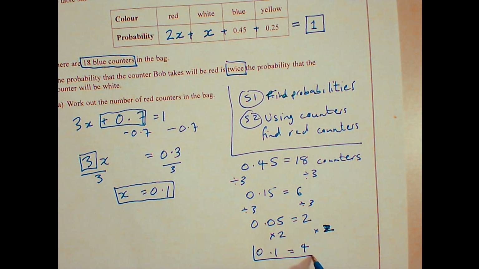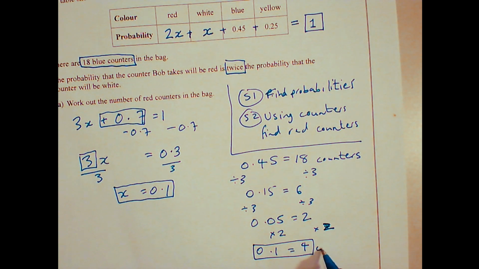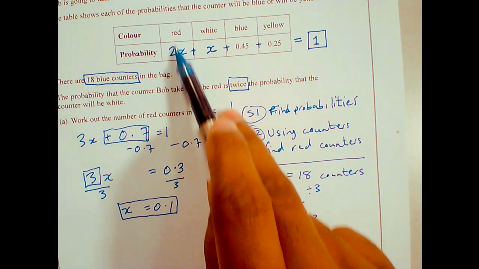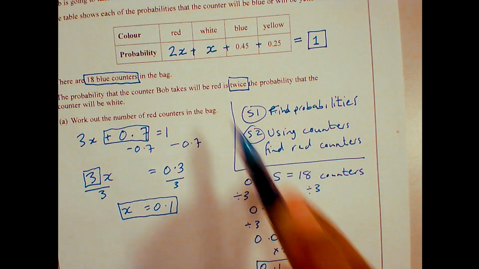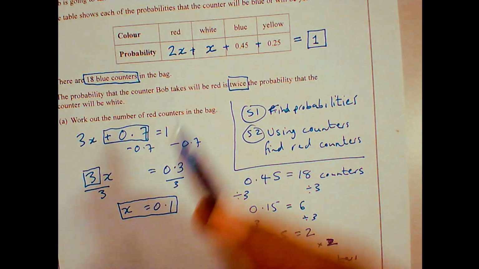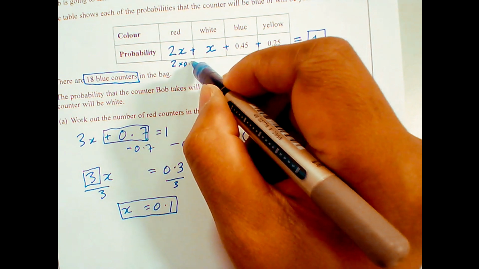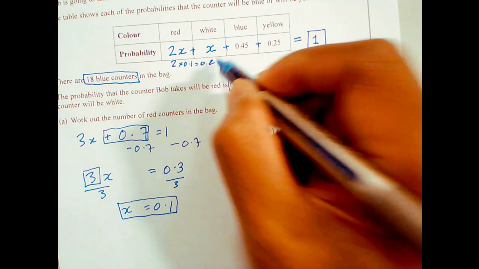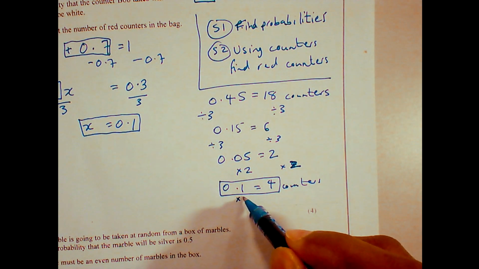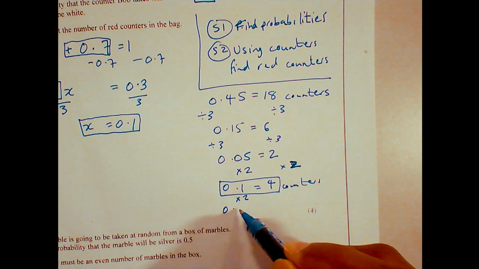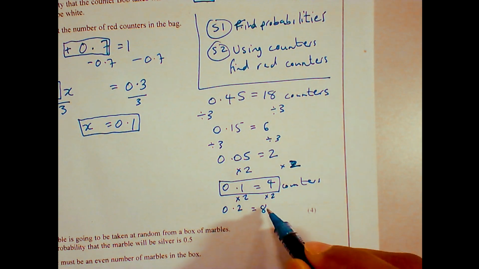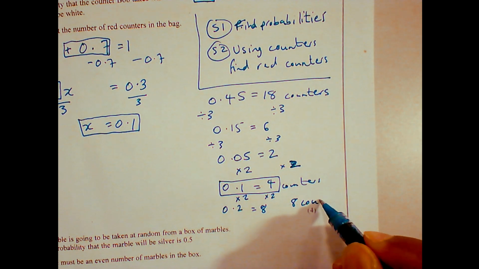So I've got 0.1 equals 4 counters. Now let me check. Red counters is 2x, and x is 0.1, so 2 times 0.1 equals 0.2. So if I have 0.1 here and I want to get to 0.2, I multiply by 2 again. 0.2 gives me 8. So my final answer is 8 counters.